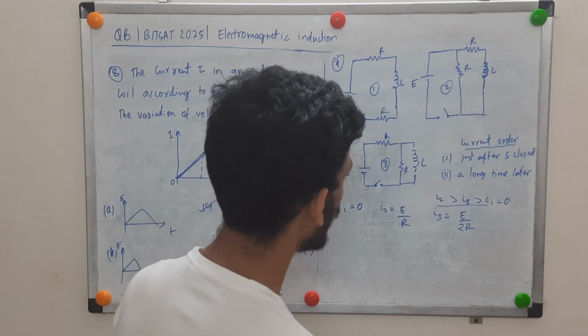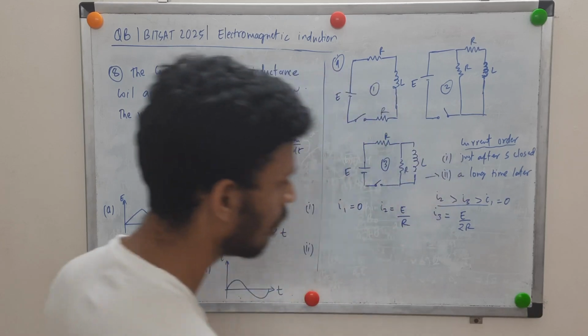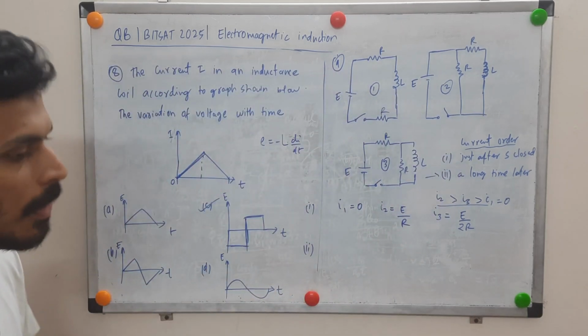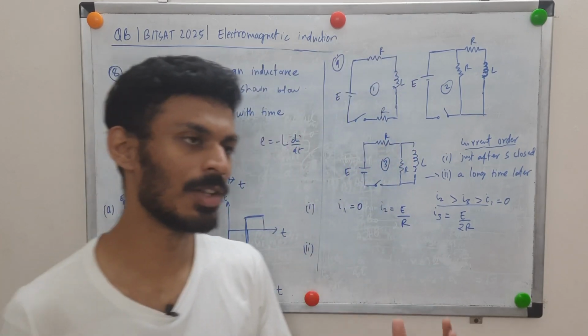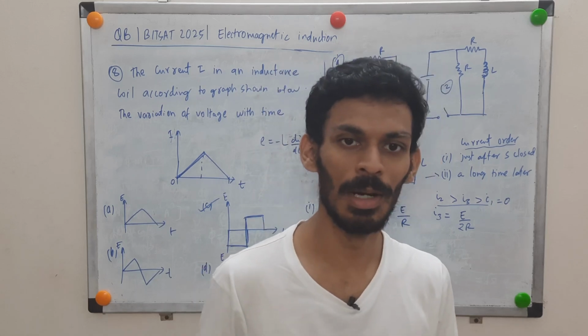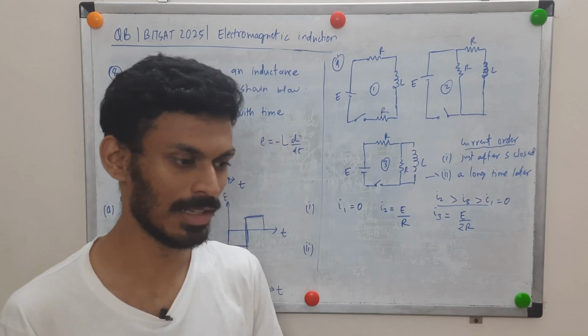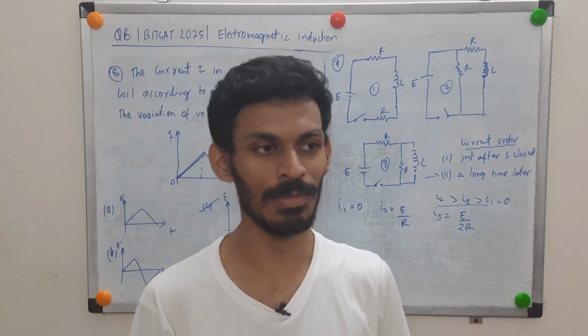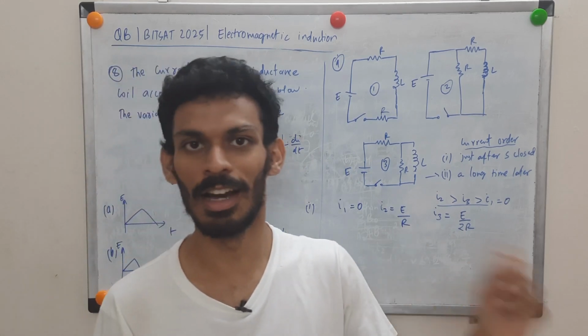So now let's come to this one. After a long time, the current will make its way out. Initially, of course, the opposition from the coil is great, but as time passes, it adapts to the change, right? There is a steady state. If I'm going into the technicalities, it will attain a steady state after a certain time.